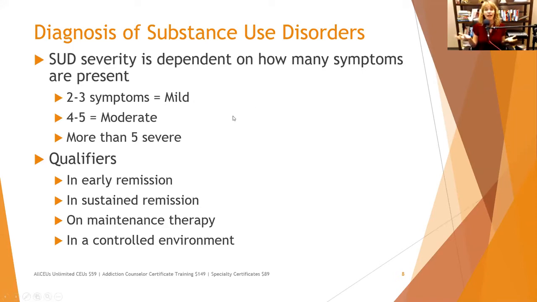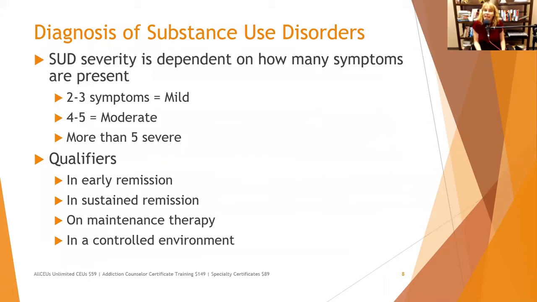So we want to look at, is their problem mild, moderate, or severe? And then we want to look at where they are in terms of their recovery process. Are they in early remission, which means they pretty much just got out of detox, or 30 days clean, something like that? Are they in sustained remission? That would be a much longer period of time. On maintenance therapy, like methadone maintenance.